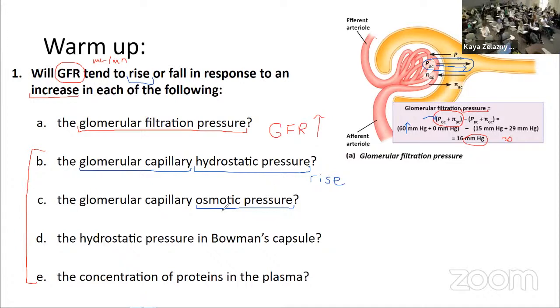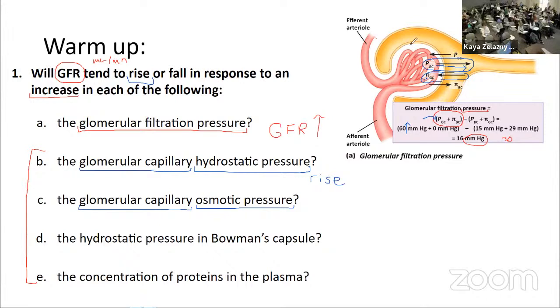Okay, so we're thinking about solutes exerting a pull. Now we're going to find out where they are, which is in the glomerular capillary. Okay, so we're thinking about things dissolved in our plasma that are pulling water towards them. Okay, so this is fighting against filtration.